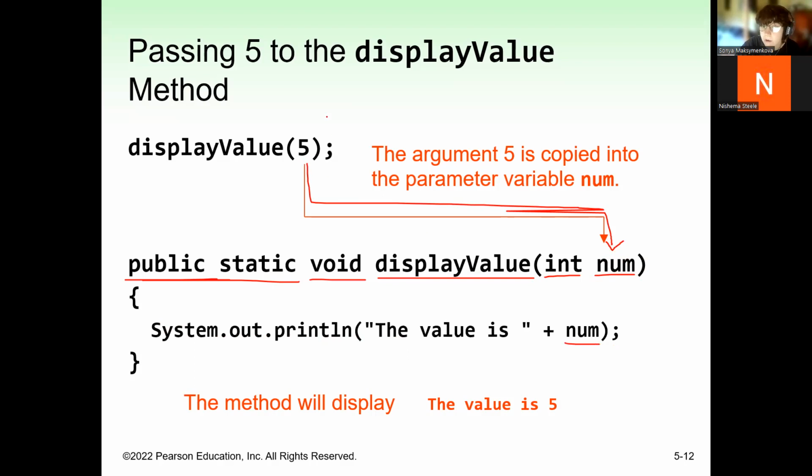So that 5 will go right here, and then after that, it will know exactly where it needs to go. And this method will just display the value is 5. If you put any other number in here, for example 10, your method will display your value is 10. So whatever you put inside of the parentheses, it will know exactly where to go if you have written your method the right way.